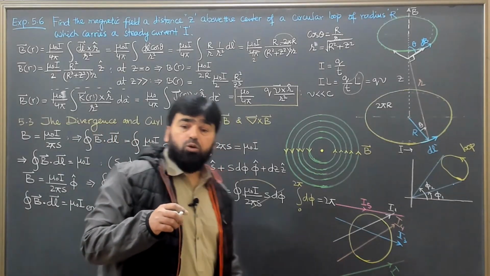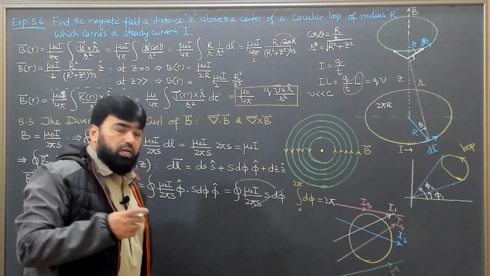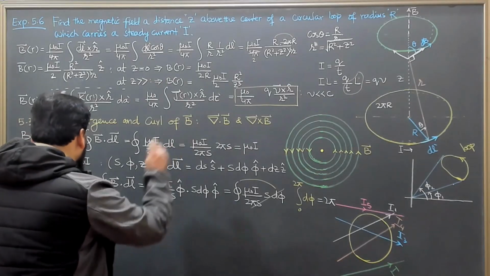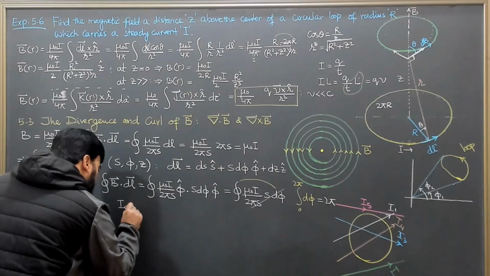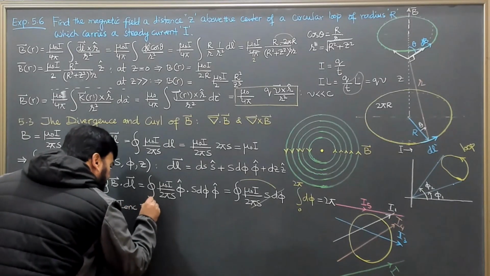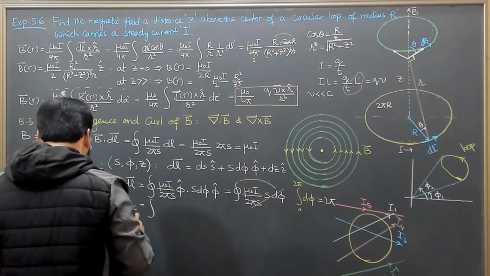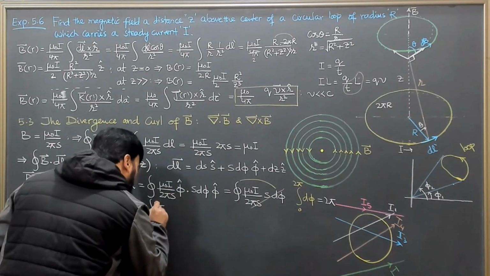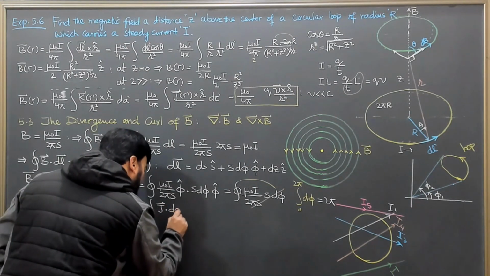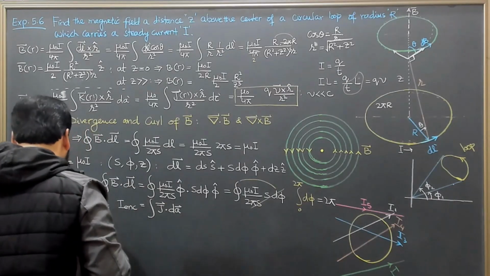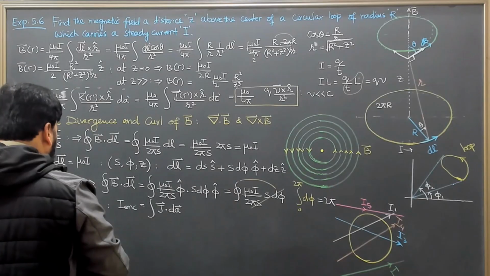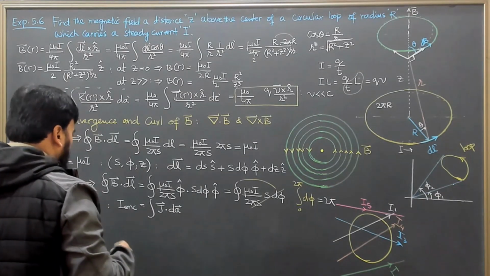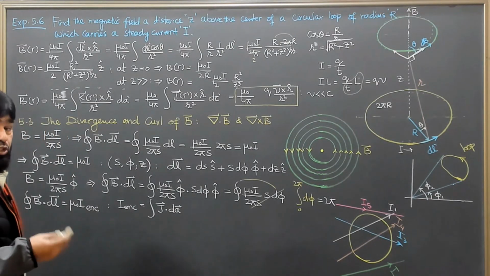The current enclosed, in terms of the current density, I can write as the enclosed current equal to the integral of J dot dA. This will give us the total enclosed current, and then I know the curl theorem, or the Stokes theorem.